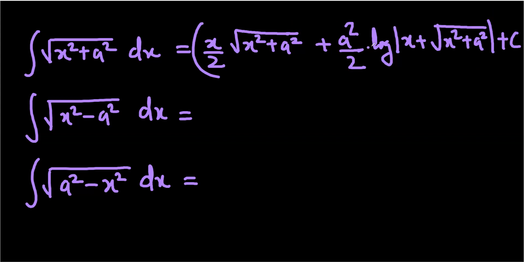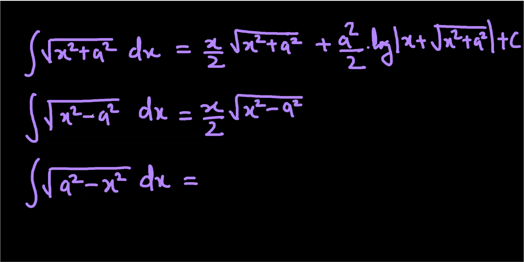Okay, now let's go for the second theory. The second one is square root of x square minus a square. So what is the variable here? The variable is x. So you will write the variable upon 2, that is x by 2, and then you will multiply the square root as it is, as you did here. So here you have x square minus a square.